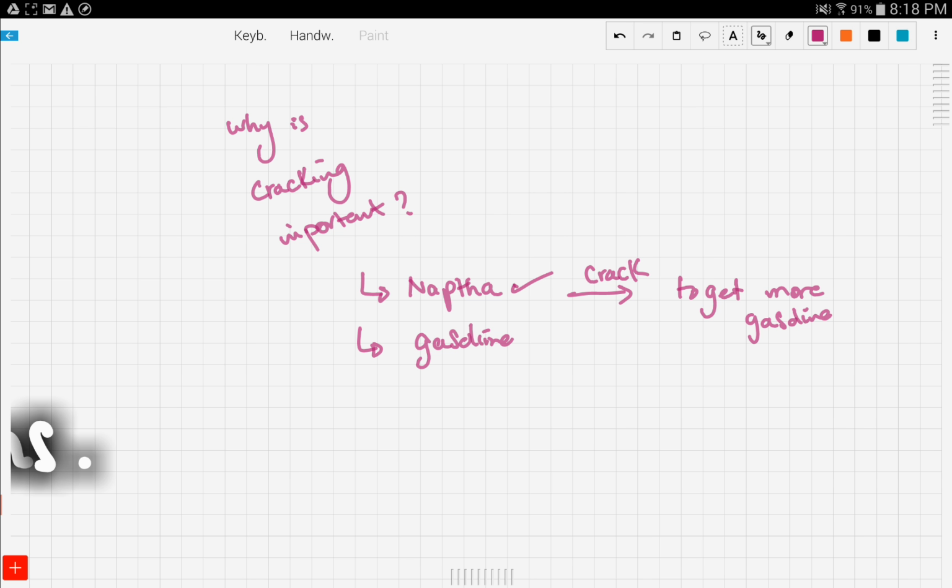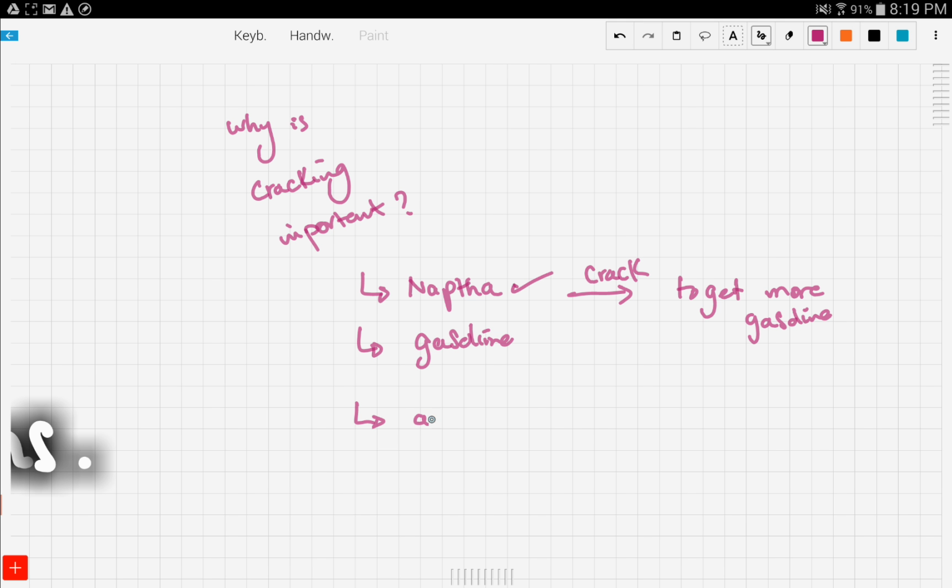Now, one thing to mention is that always when cracking long chain molecules or long chain hydrocarbons, you get a shorter chain molecule that has a double bond, so a carbon-carbon double bond. So let's write this.